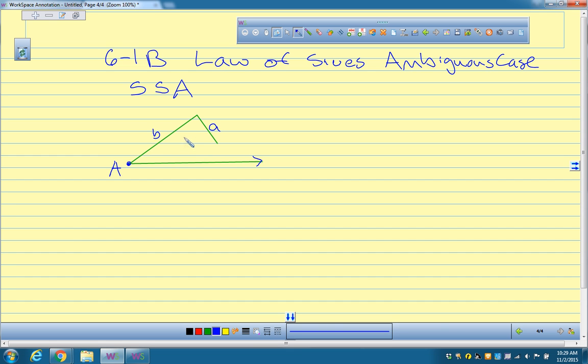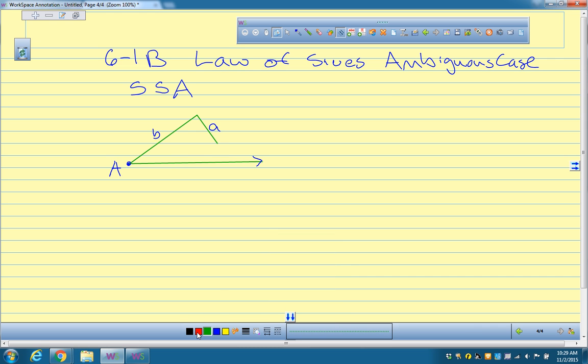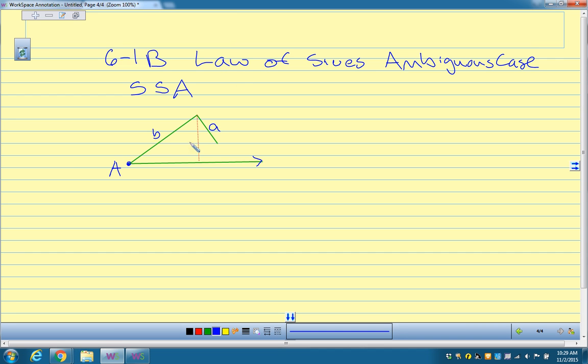Probably not, and the way you could figure that out is by finding the height of this triangle. I'm going to make this a dotted line. If I drop down a height right here, and call that height h, sine of angle A is equal to h over b.